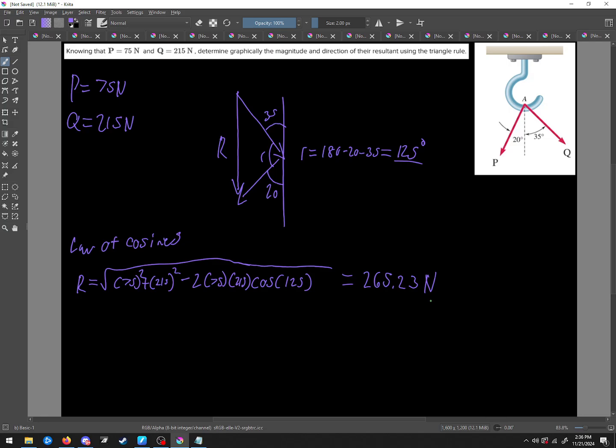So we know we can use the law of sines now, which says that 265.23 over the sine of the little r that we found, 125, is going to be equal to the second force, which we have as, or no, we have that second force here as 75.